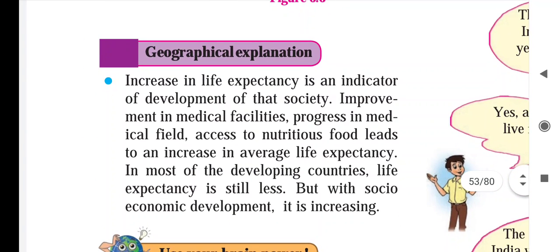Now we will study what is given. Increase in life expectancy is an indicator of development of the society. Improvement in medical facilities, progress in the medical field, and access to nutritious food lead to an increase in average life expectancy. In most developing countries, life expectancy is still less, but with socio-economic development it is increasing.